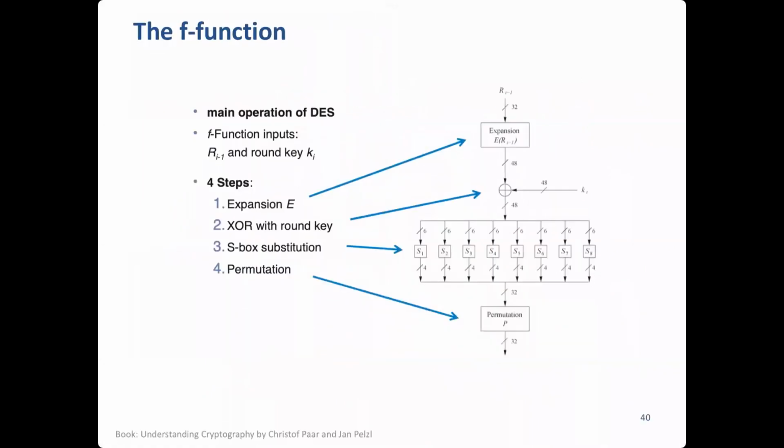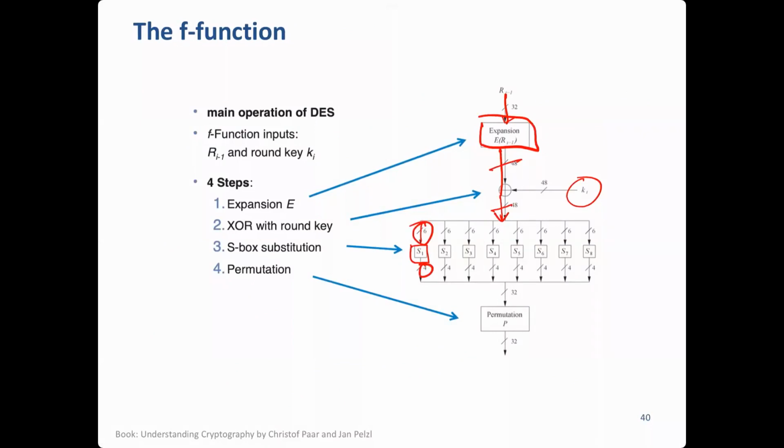You expand this using some expansion function to 48 bits. Now you have a key of 48 bits, and you take this 48 bits and split it into 6 bits each, 8 times, right? And then use something called a substitution function and substitute these 6 bits by 4 bits.